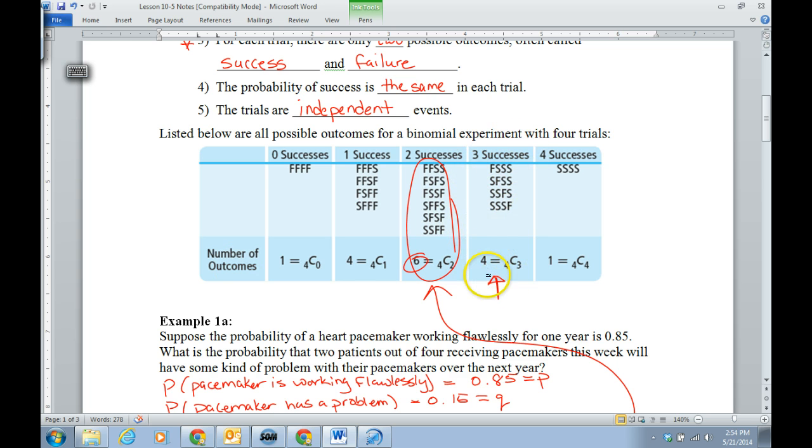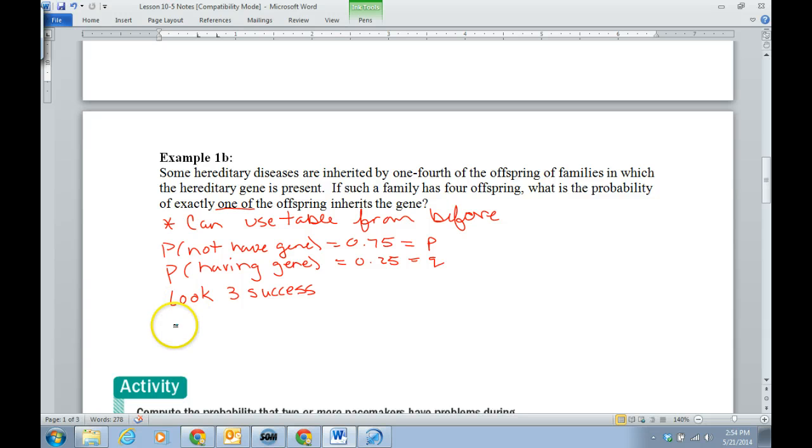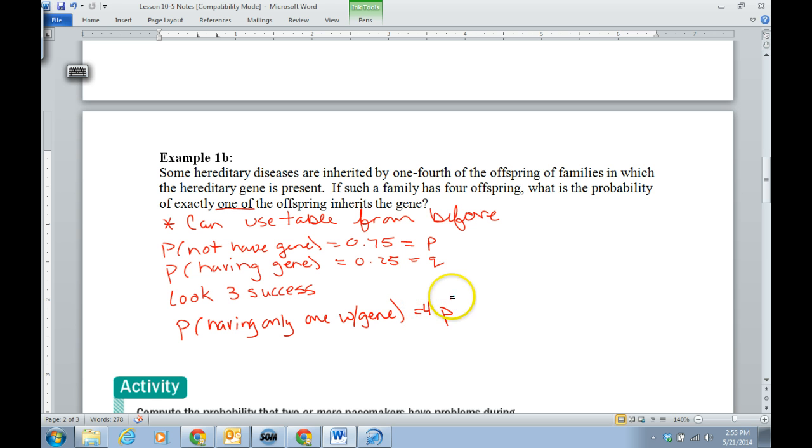So what is our coefficient for that? 4. Okay. So we want to find the probability of having only 1 with the gene. So we're going to do 4 times P of 3, Q of 1, correct?